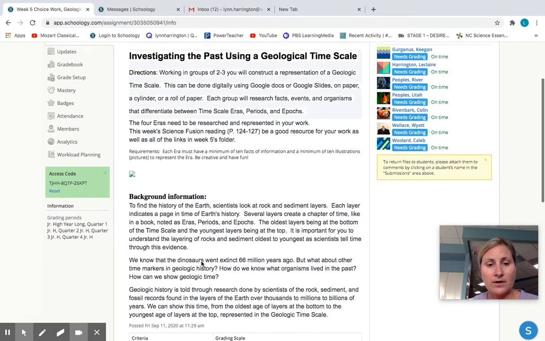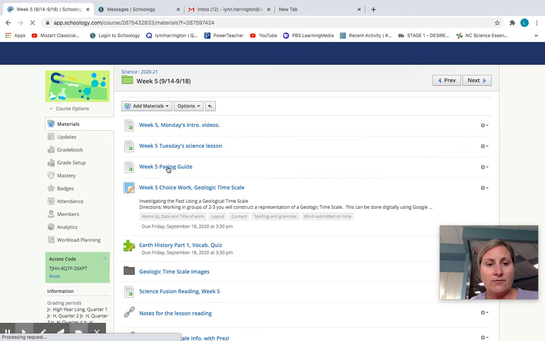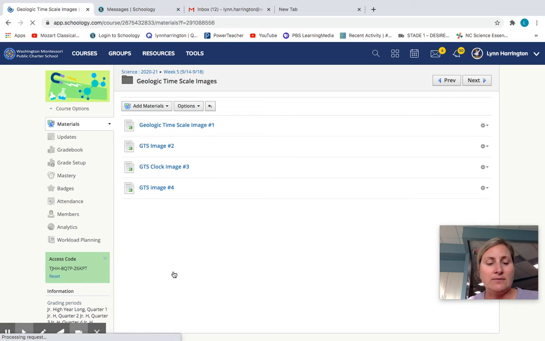So what is the work going to be about? You will research the geologic time scale, and I have a whole folder this week full of different images of geologic time scales, and take time to look at these if you haven't already.